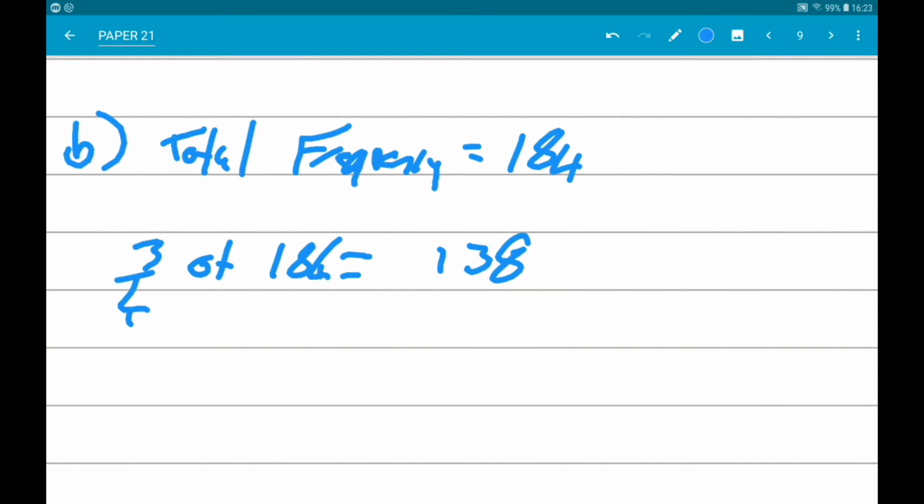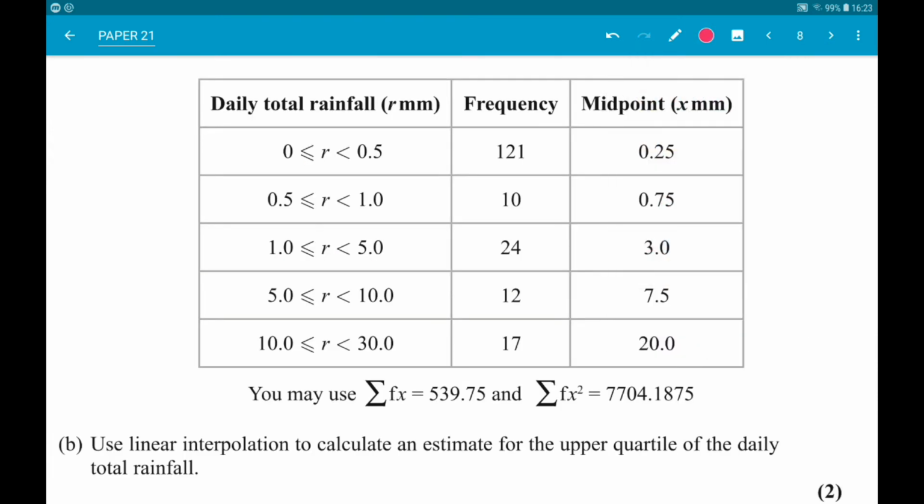So, starting at the top then, we have 121. Add 10 is 131. And then add 24, and we get 155. So, the day that we care about is in that third interval.